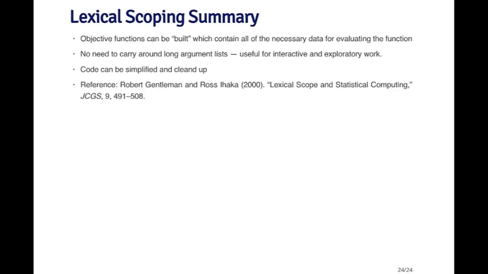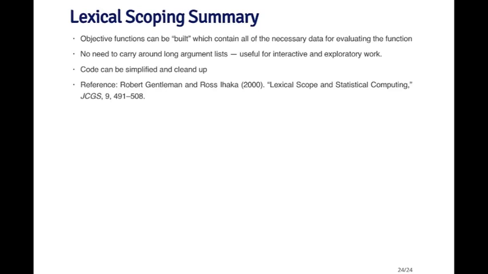They're built into the environment, and they'll be automatically looked up in the right place. So you don't have to carry around these long argument lists in order to evaluate the function every single time. So this can be very useful for interactive work and for exploratory work, like, for example, making these plots. And so the code for these types of functions can be very simple and clean, because you don't have to carry around these long argument lists.